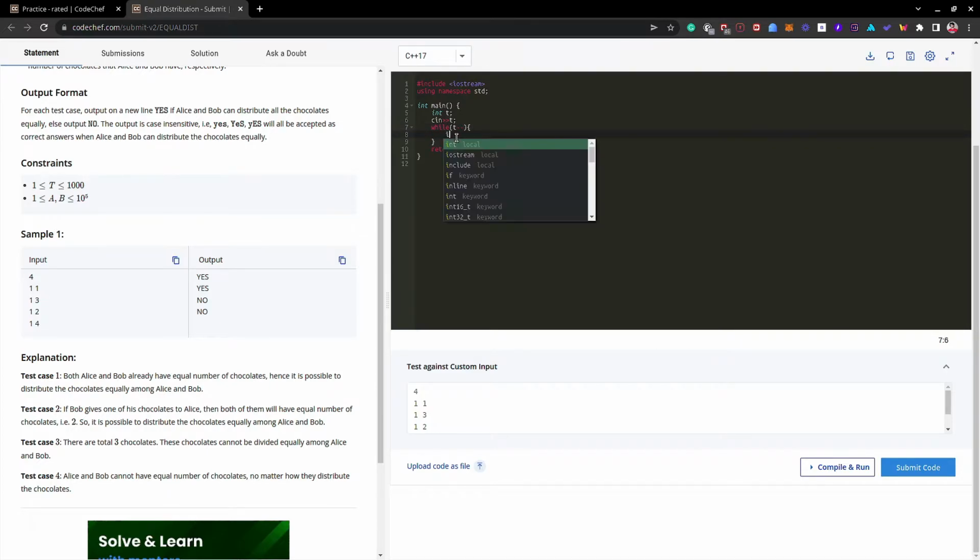Here we'll be taking two integers, x and y. Then we have to check some conditions. Let me make another variable here so that it will be easier: p equals x plus y.